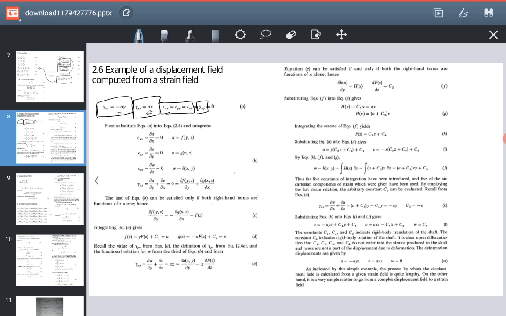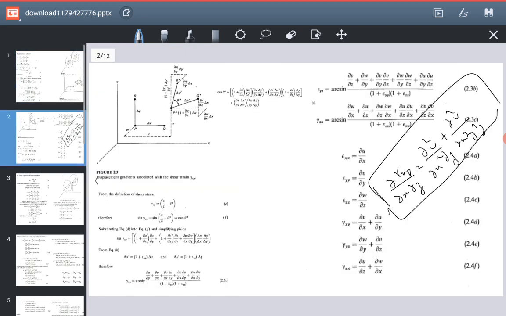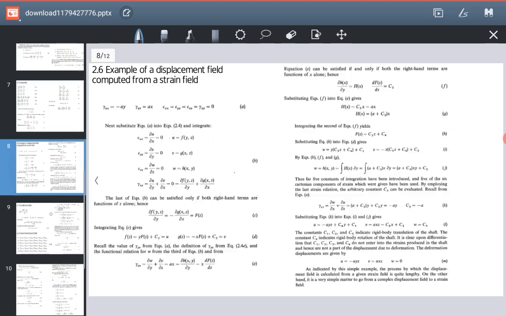Okay. Now next, substitute equation a in equation 2.4. So this is equation a, and equation 2.4 is this equation. So we had this equal to 0.